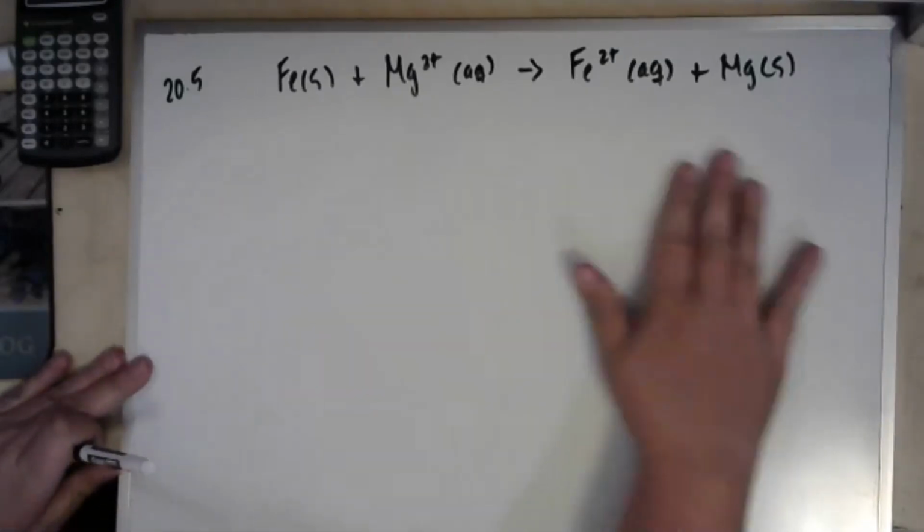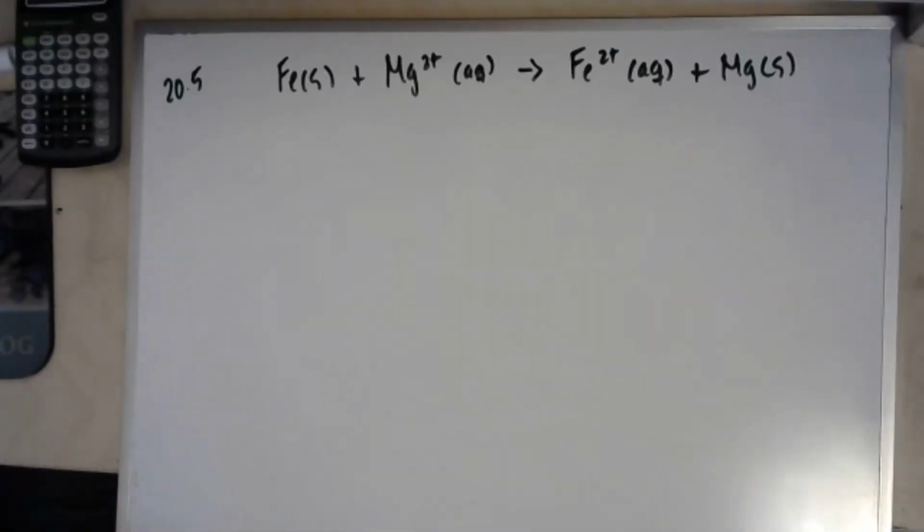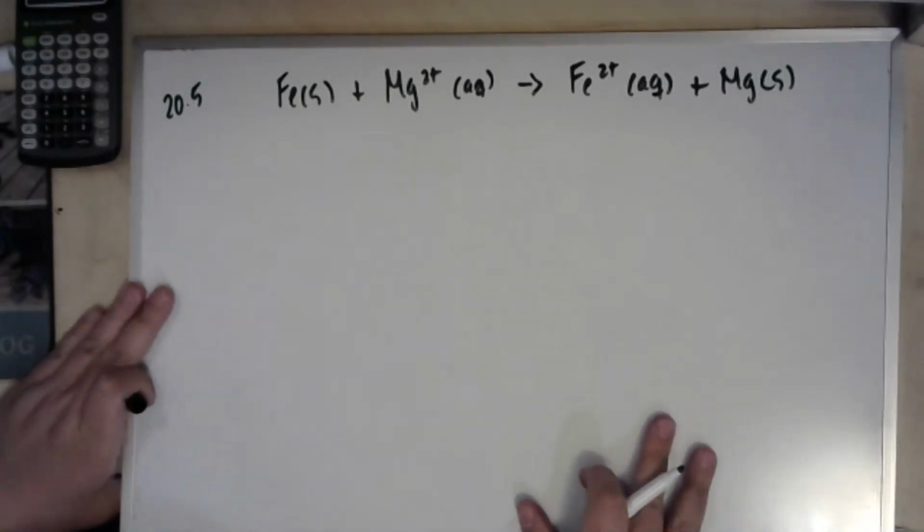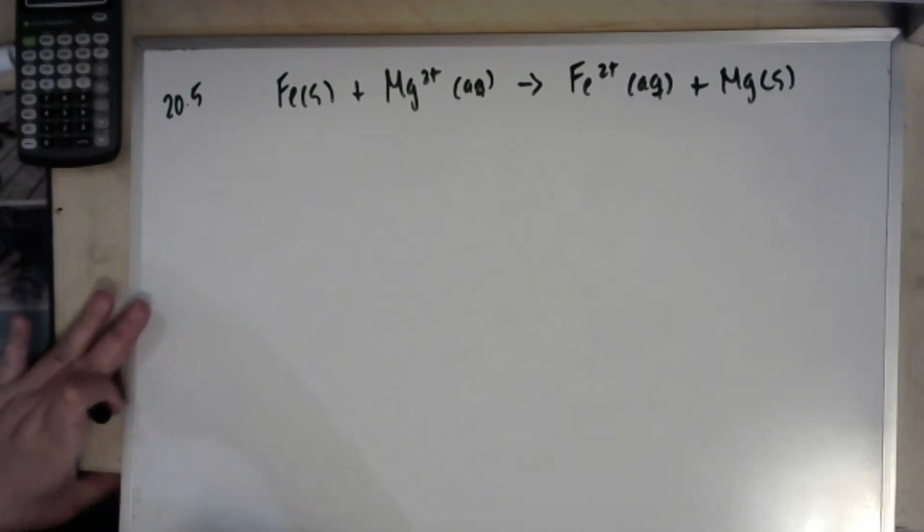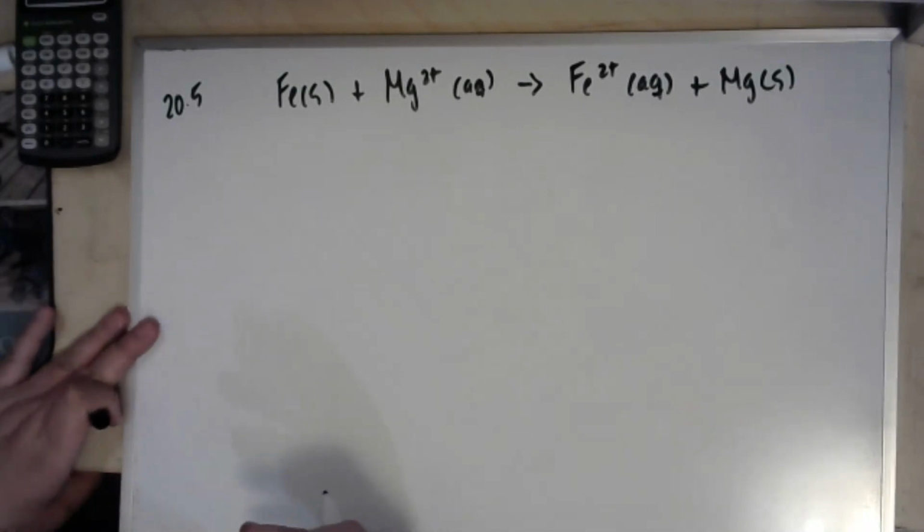So after we write out our reaction, this doesn't want us to necessarily calculate E cell to figure out whether the reaction is going to be spontaneous or not, but we can use the reduction potential values to help us figure this out anyway.